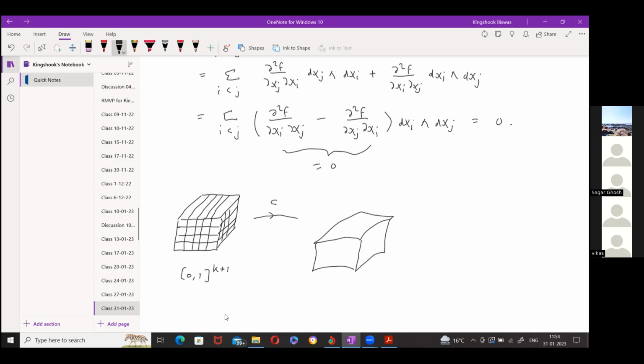So when I break up the cube into these small pieces, what happens?